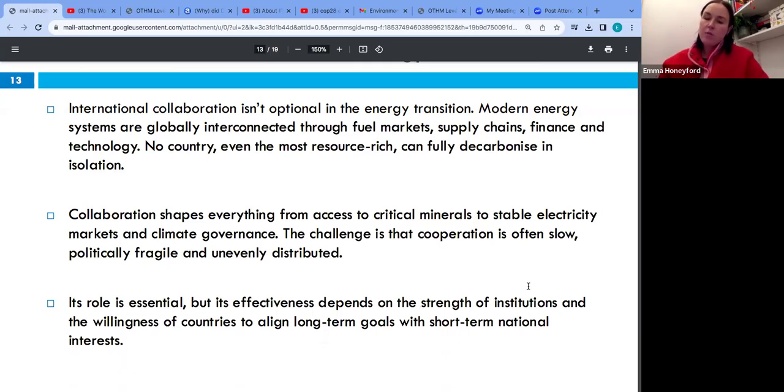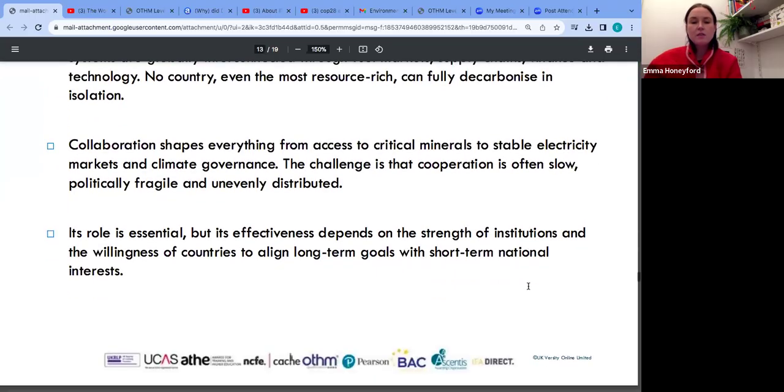The challenge is that cooperation is often slow, politically fragile and unevenly distributed. Obviously any political friction between countries can stall progress toward climate targets. This is why political cooperation is so important. It's essential, but its effectiveness depends on the strength of institutions and the willingness of countries to align long-term goals with short-term national interests.